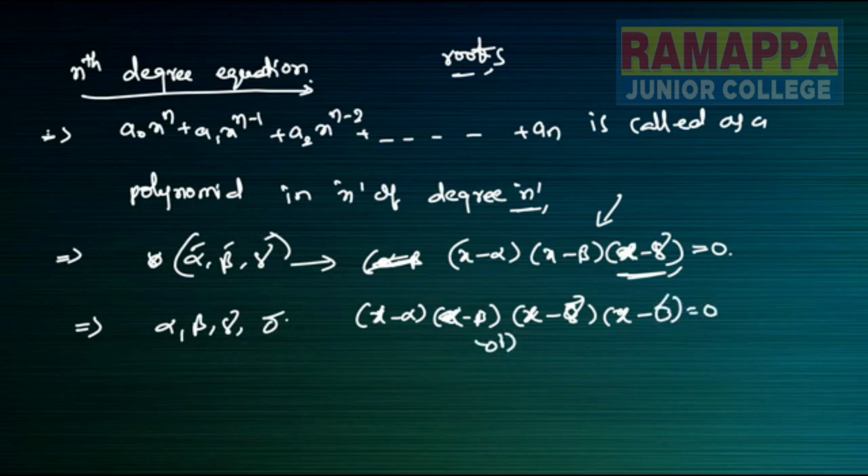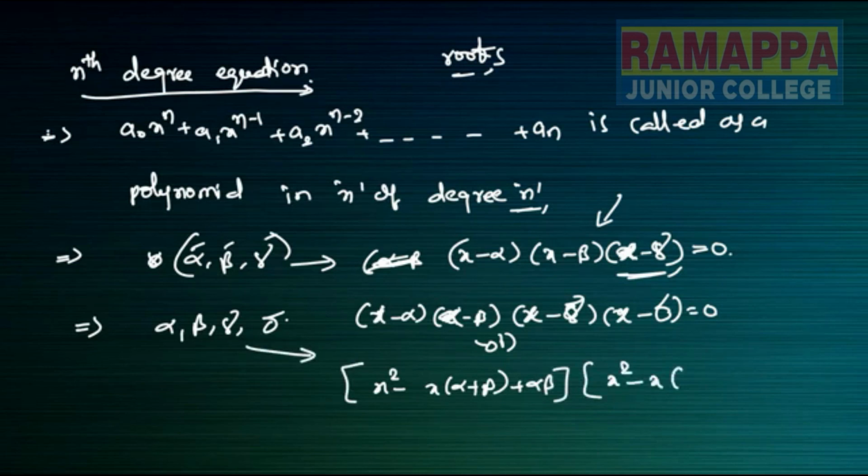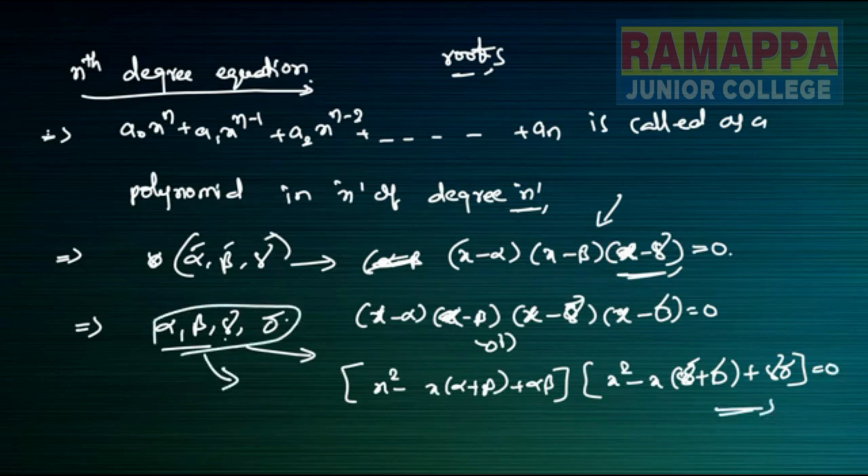Or else we can write it like this also: x square minus x into alpha plus beta plus alpha beta, into x square minus x into gamma plus delta plus gamma delta, equal to 0. Whenever fourth degree, four roots come, we can use this equation.